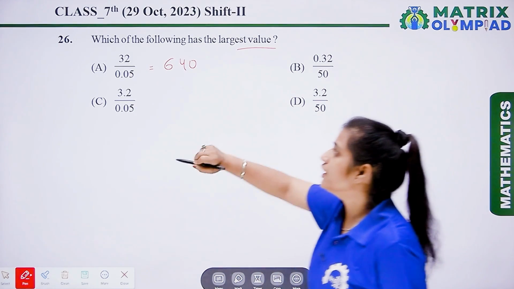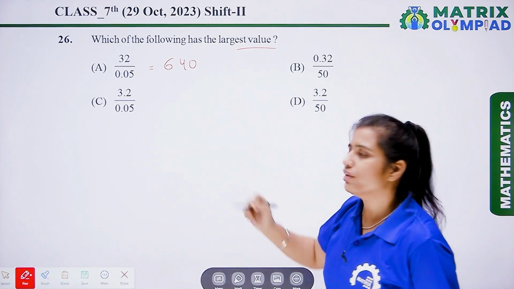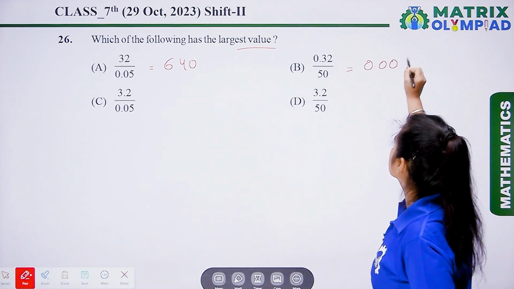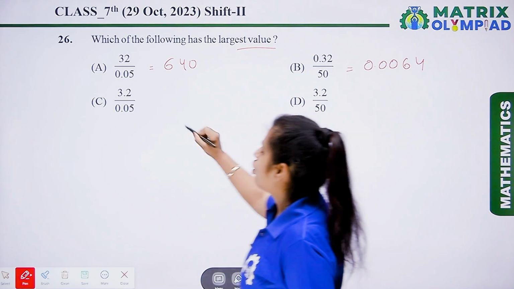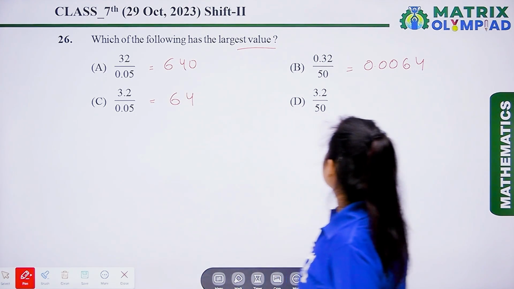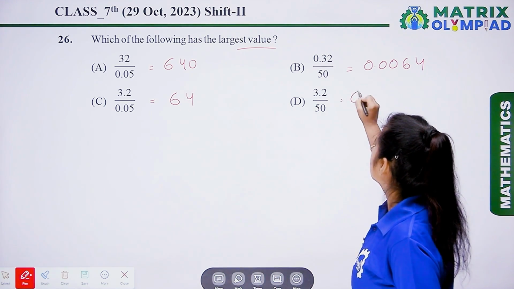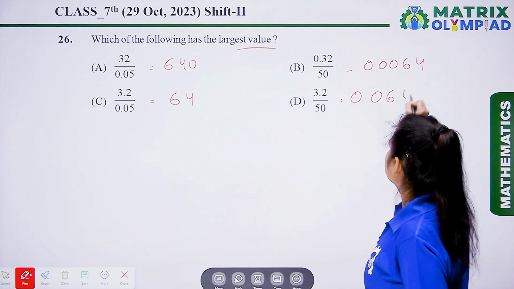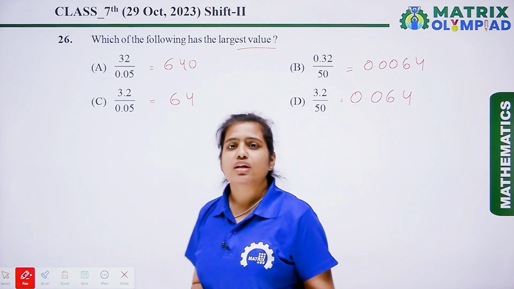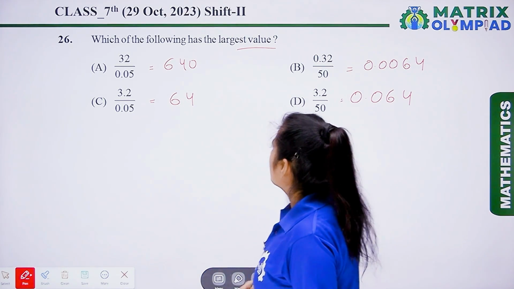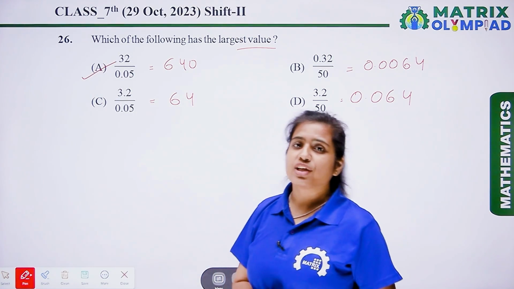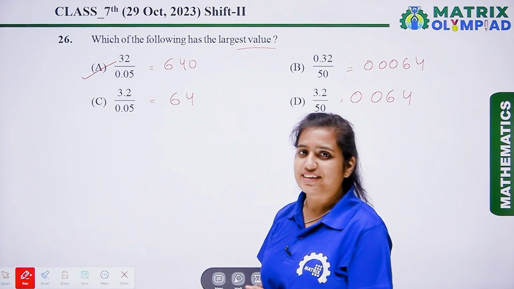In option B we get 0.0064, in option C we get 64, and in option D we get 0.064. So out of these 4 options, the largest value is in option A. So option A is the correct answer.